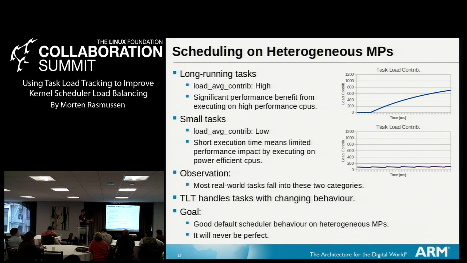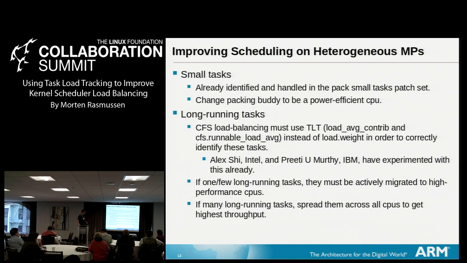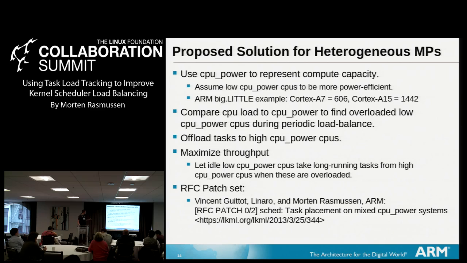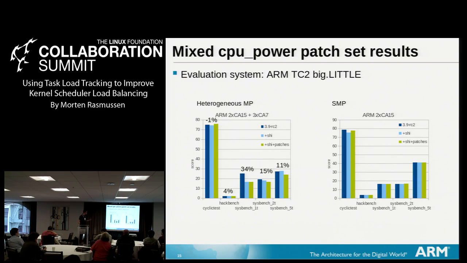If it didn't, then put it on a little core. Then we can actually get quite good power consumption when we use this patch set, and also quite nice and consistent performance.